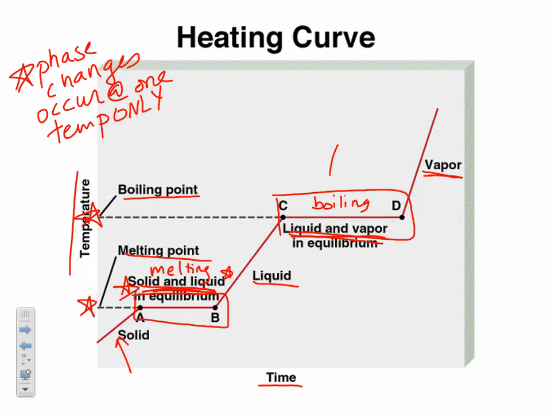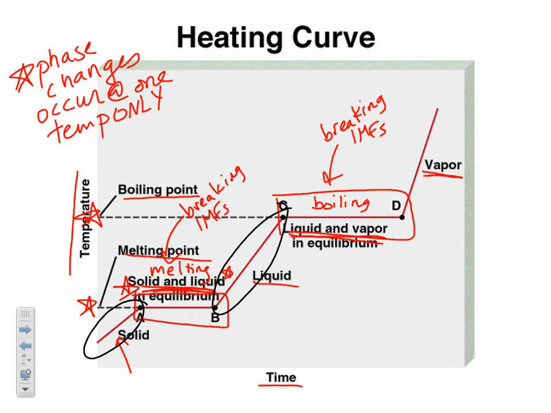Now, this is the process right here. This is where we're breaking IMFs, the boiling process. During the melting process, we are also breaking IMFs. So we can also look at what's happening during these parts of the curve where we are not necessarily breaking IMFs, but instead just heating up the substance.